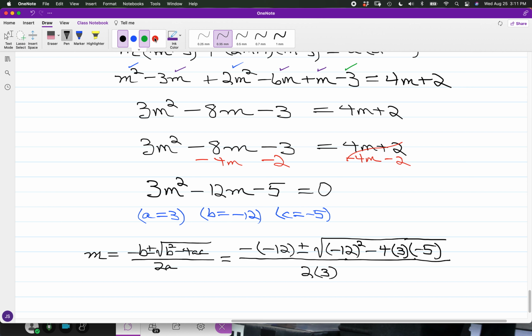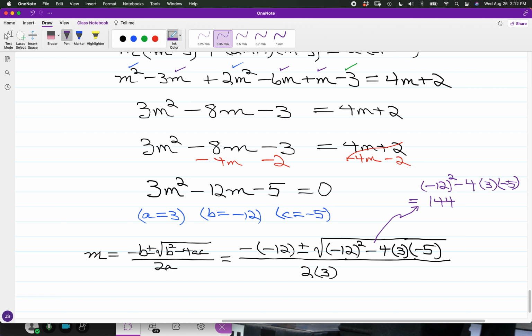Now for what we have inside the radical, we have negative 12 squared minus 4 times 3 times negative 5. Now the square of negative 12, negative 12 times negative 12, is going to be 144. Negative 4 times 3 is negative 12 in turn.